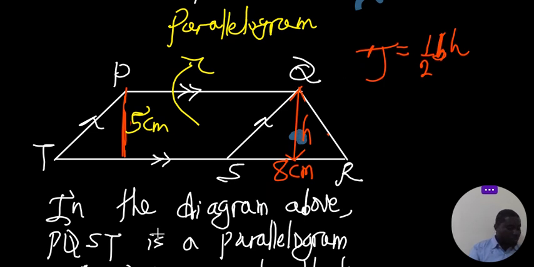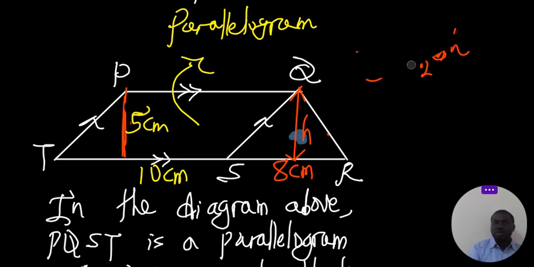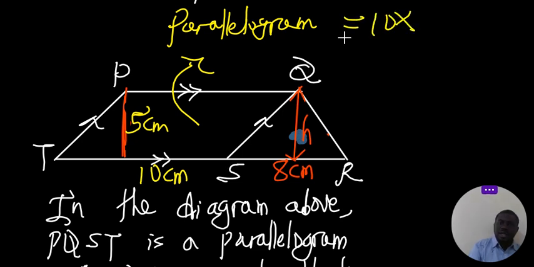And as part of the question, we are given that ST is 10 centimeters. From S to T, 10 centimeters. So the base of that parallelogram is 10. Then the height is 5, and that's 50 cm squared.